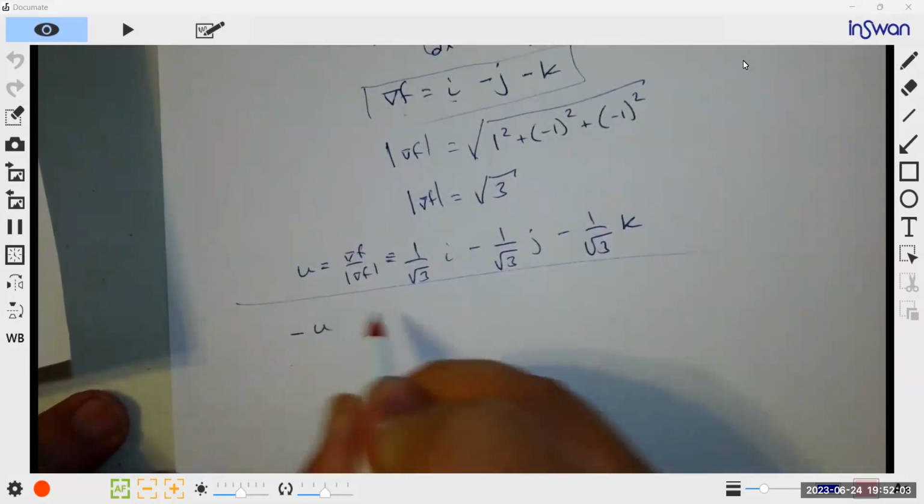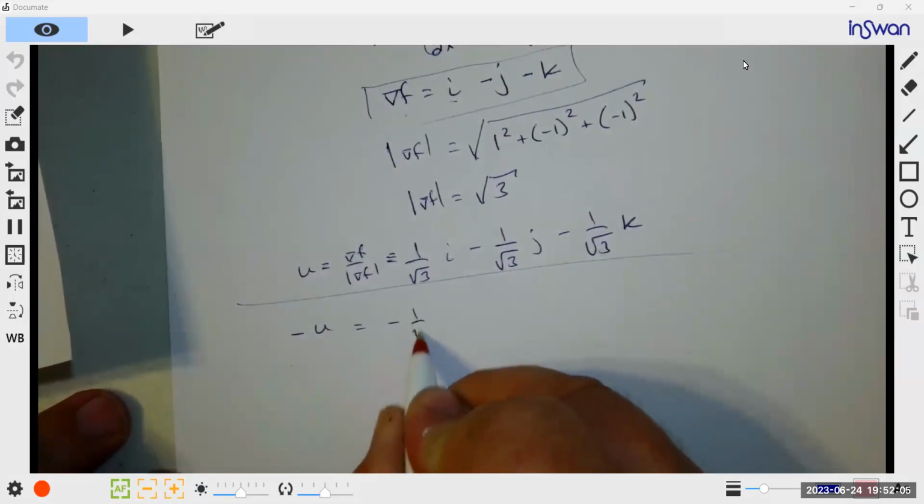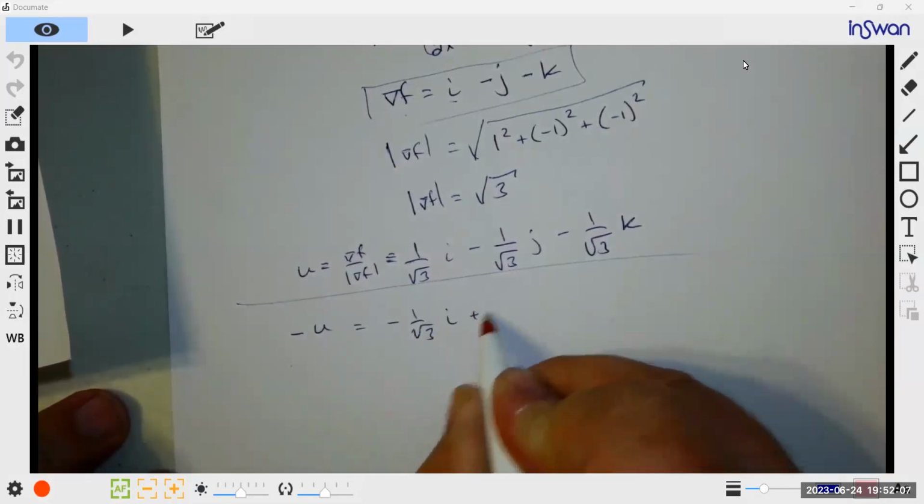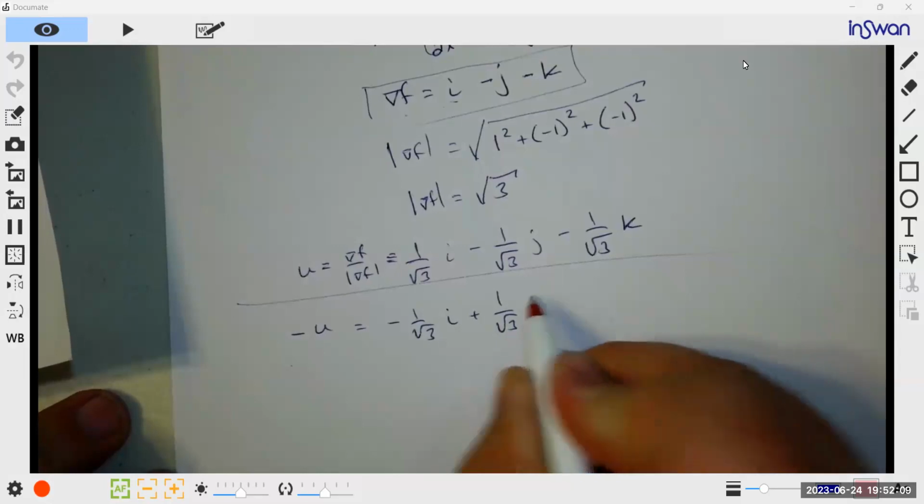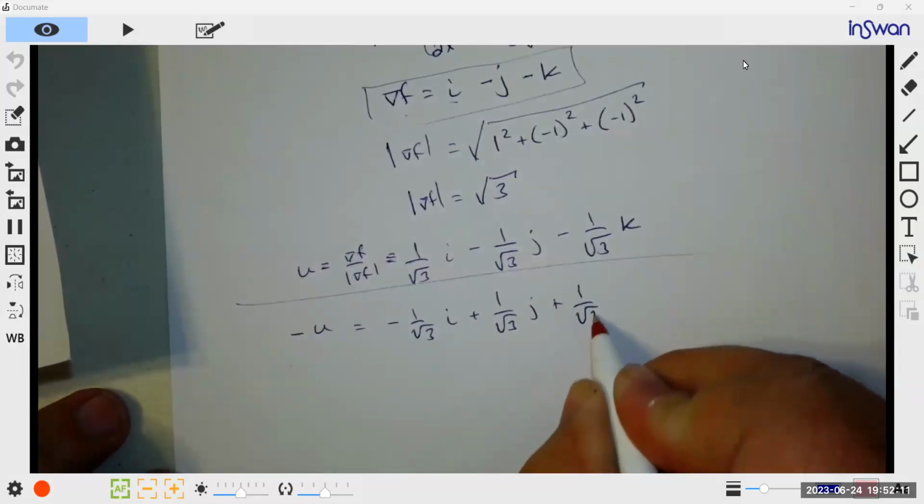So negative u simply becomes negative 1 over radical 3 i plus 1 over radical 3 j plus 1 over radical 3 k.